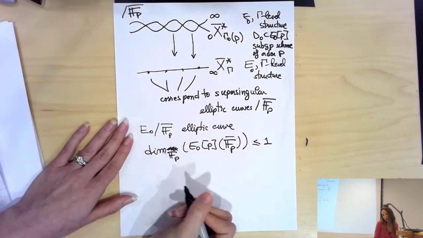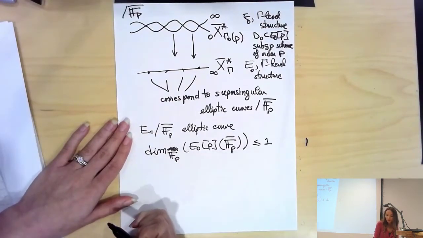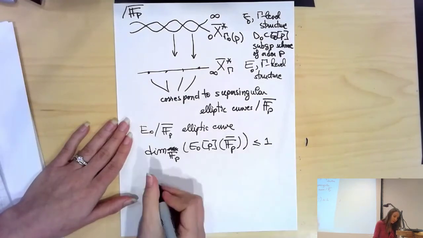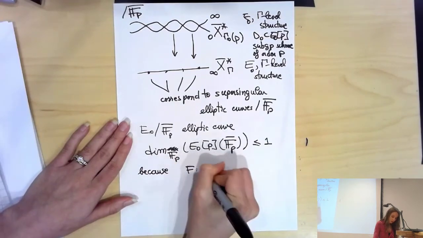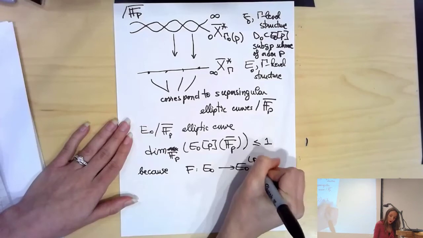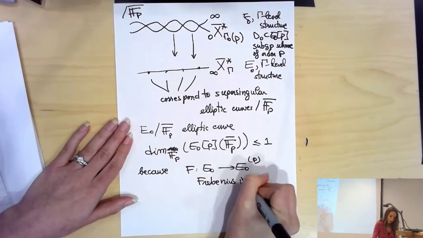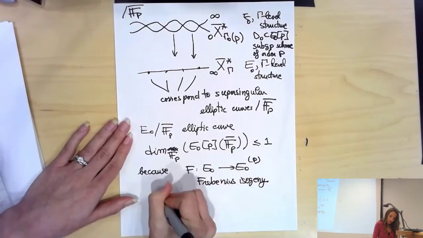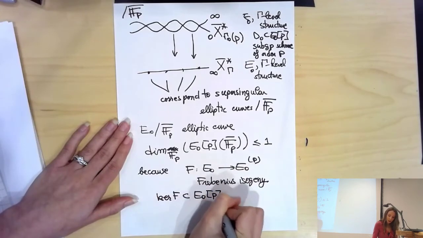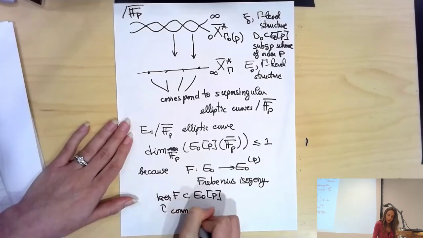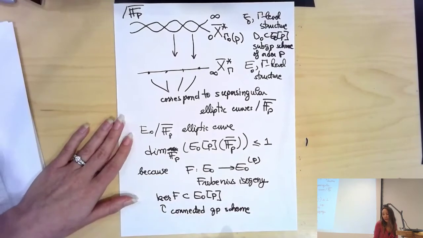In characteristic 0, this dimension is 2. Here, it would be at most 2, but the reason that you can actually bound it by 1 is because you have the Frobenius isogeny on your elliptic curve. And the kernel of this is contained in E naught[p]. This is a connected group scheme, and this is of order p.